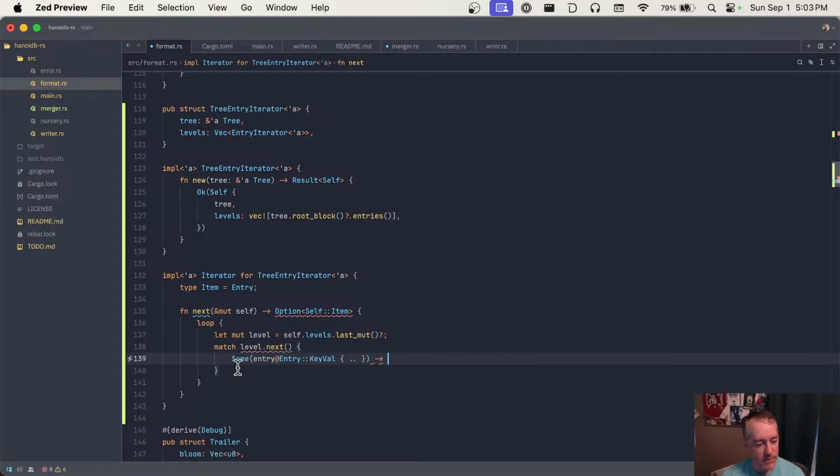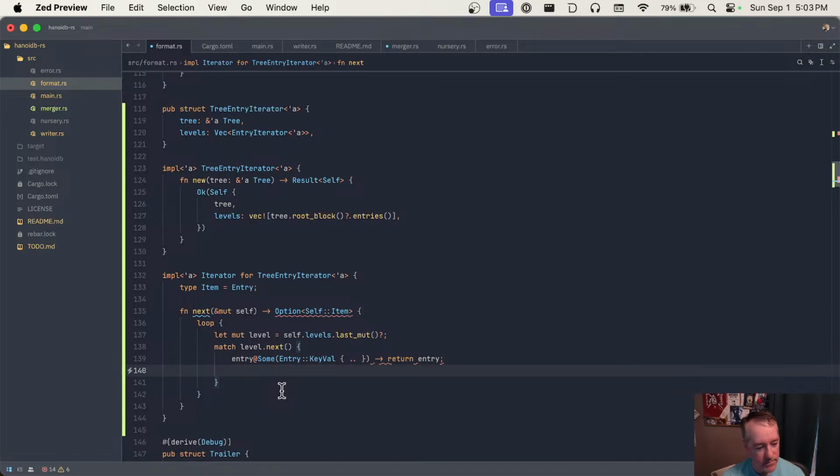Then we want to return some. Actually, we can just do entry, right? Except you're going to make me put curly braces around that.